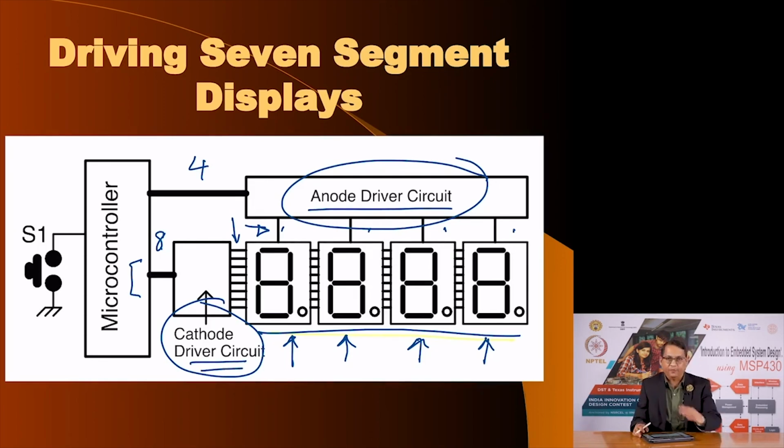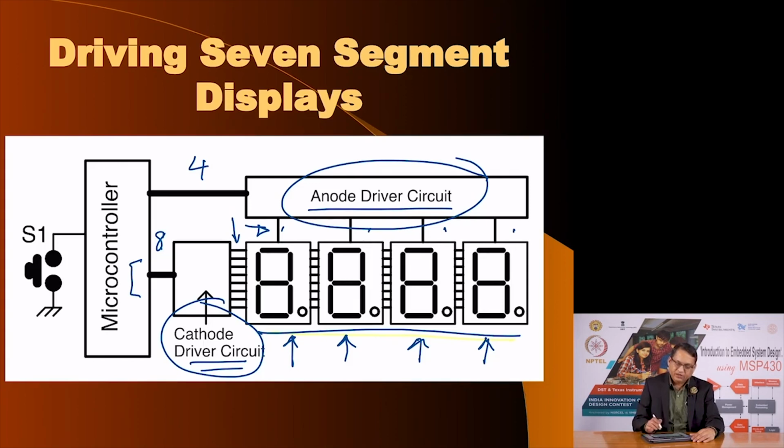And by now you know that a high side switch is made using PNP transistors, and the cathode driver circuit would be implemented using a low side switch using NPN transistors.